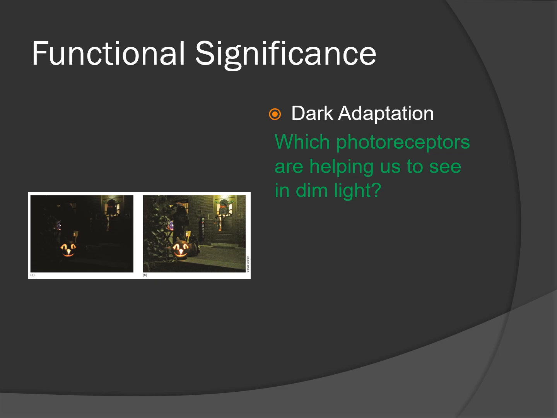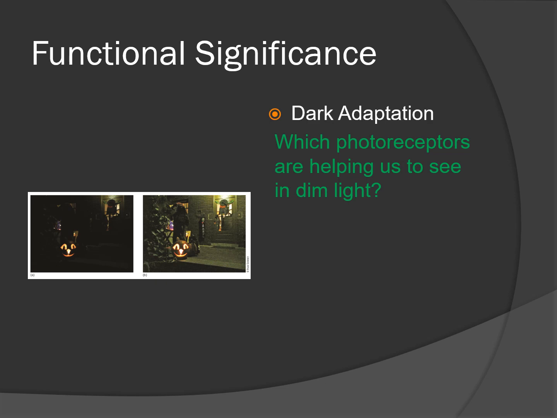If we look at dark adaptation, I have this question, and you might want to pause it and just think about this for a moment. So which photoreceptors are helping us to see in dim light? And you want to go back to your notes, go back to your questions, go back to what's helping you to figure out some of this information.